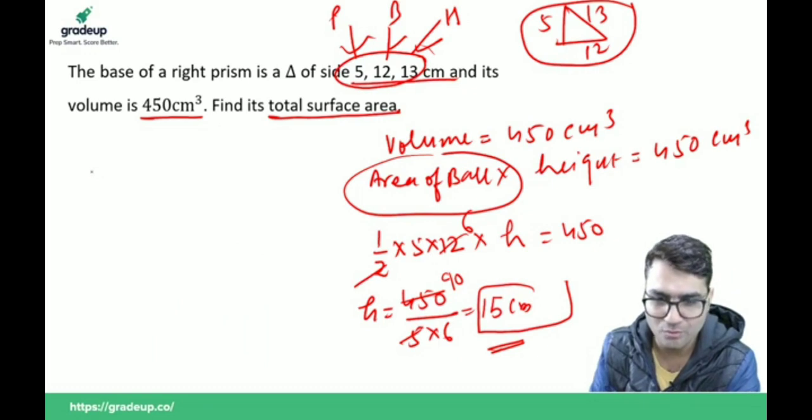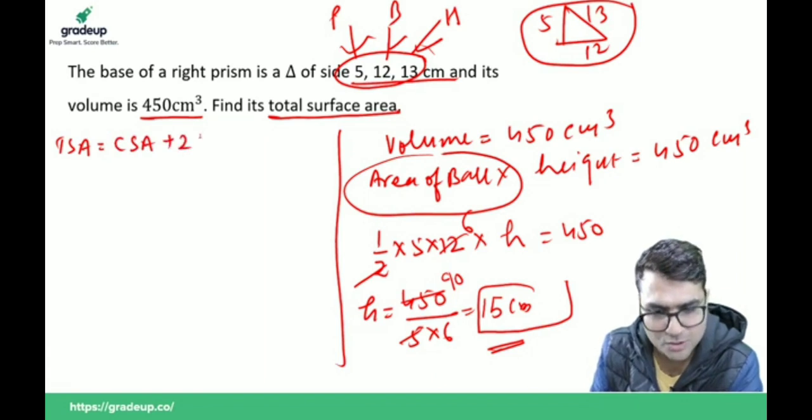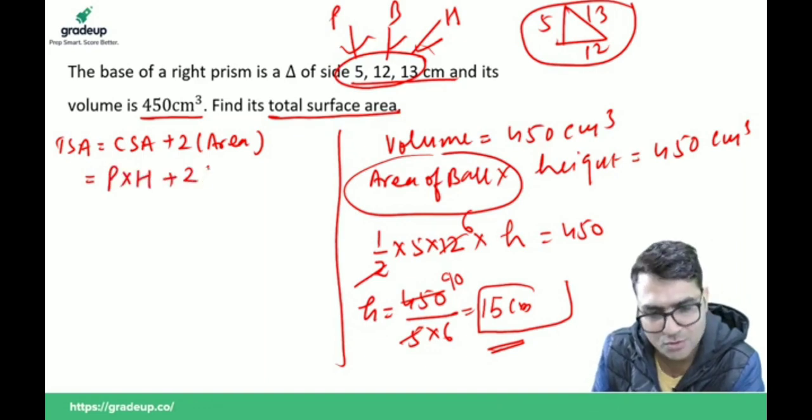Now we have to find the total surface area. Total surface area is curved surface area plus twice the area of base. Curved surface area is perimeter of base into height, plus twice the area of base.